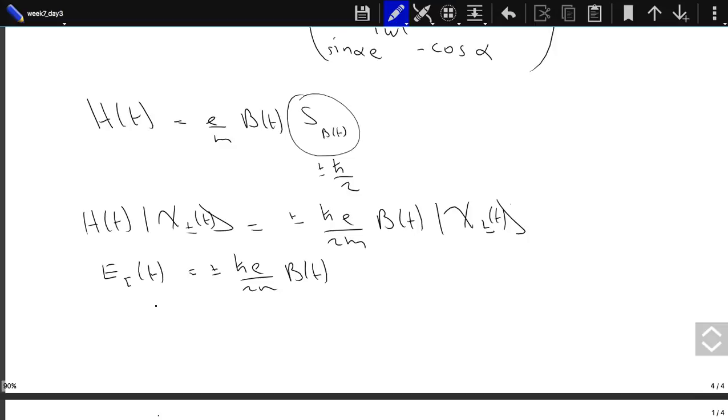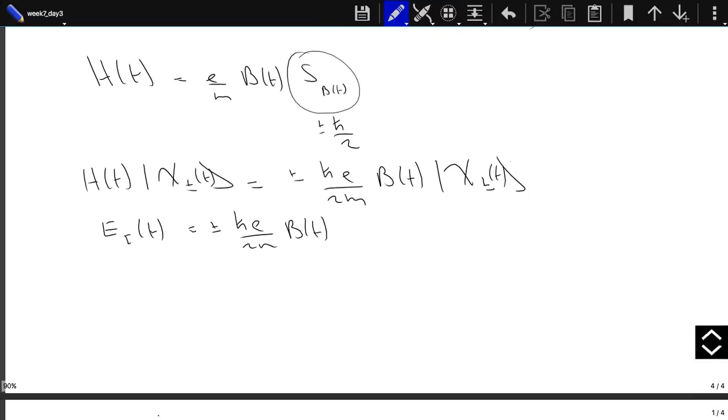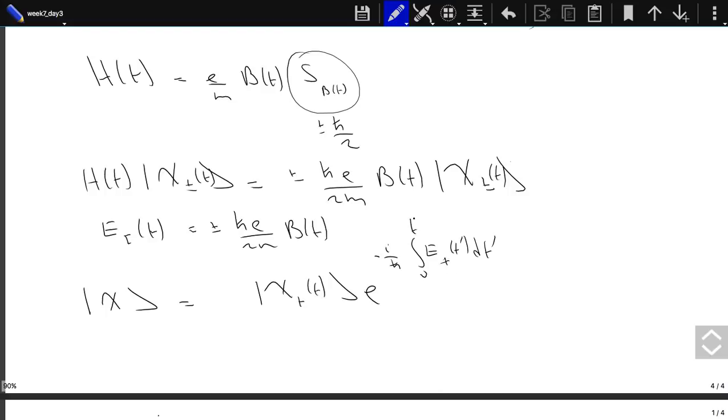Now, what are these chi? The next step is that I will assume my solutions for the time-dependent Schrödinger equation are given by c plus of t chi plus of t times e to the power minus i over h bar times the integral of E plus from 0 to t, plus c minus of t chi minus of t e to the power minus i over h bar times the integral from 0 to t of E minus of t prime dt prime.